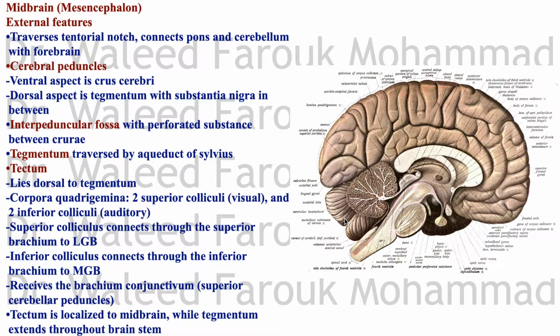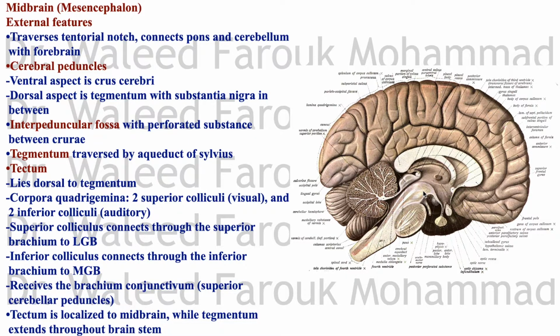The tectum also receives the brachium conjunctivum, which is the superior cerebellar peduncle, and the tectum is localized to the midbrain, and the rest is composed of tegmentum that comprises the whole brainstem.